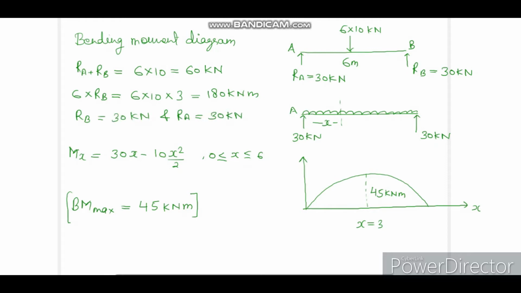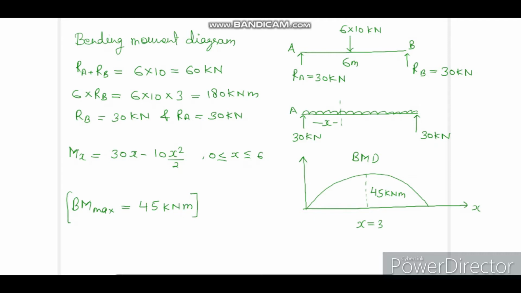By putting in all these reaction forces, we can now draw the bending moment diagram. For any cross section, the bending moment can be written as 30x minus 10x squared by 2. By drawing this profile, we can determine that at x equal to 3 we get the maximum bending moment, that is 45 kilonewton meter.